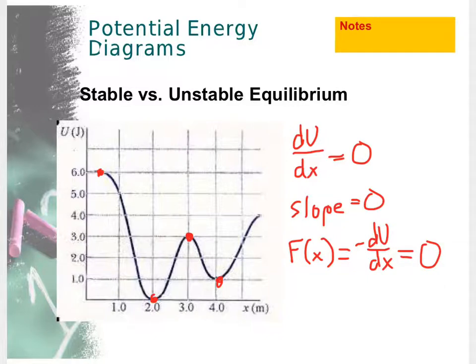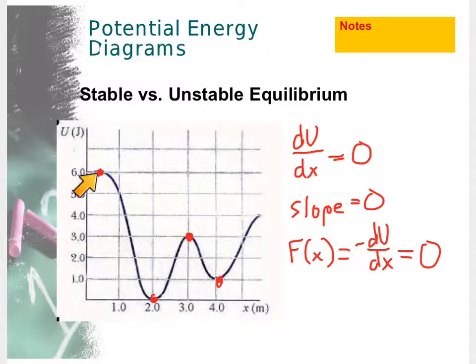So that means if I have a particle that has exactly this much total energy, then it is going to stay exactly at this position. There's no force being applied to it. It has no kinetic energy if the total energy is equal to the potential. So it is actually going to stay here.